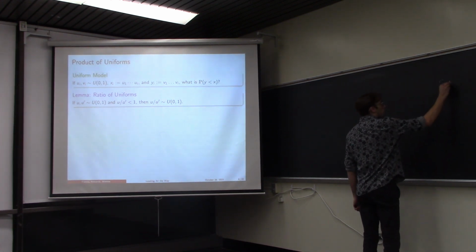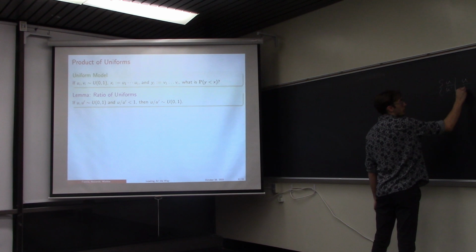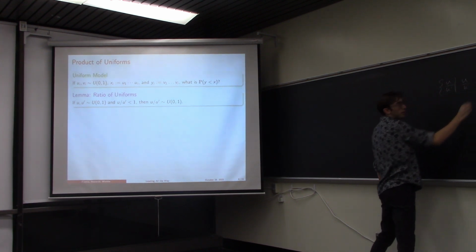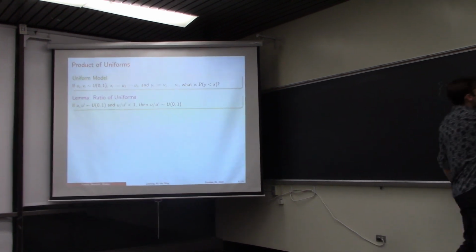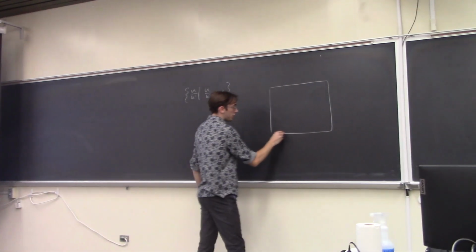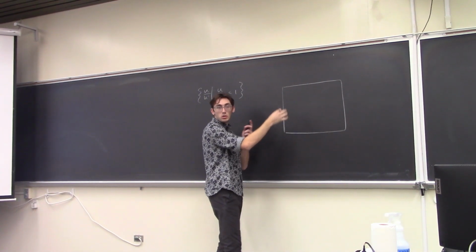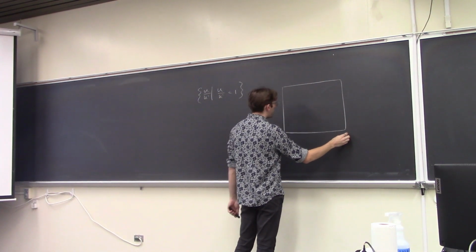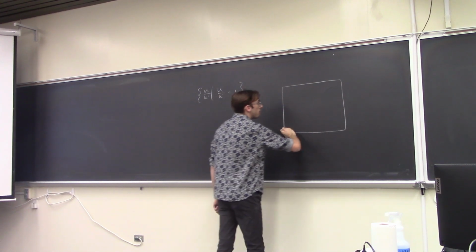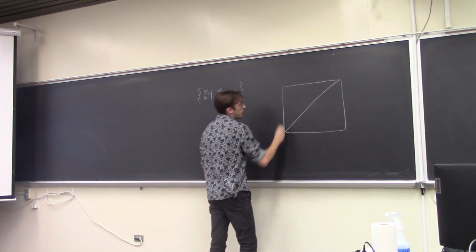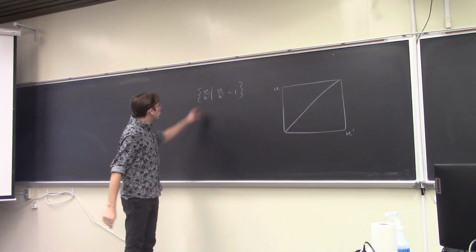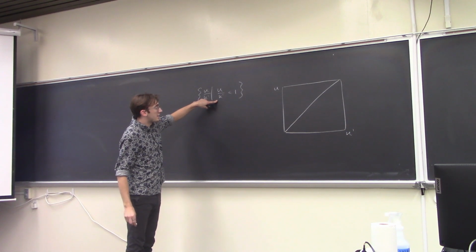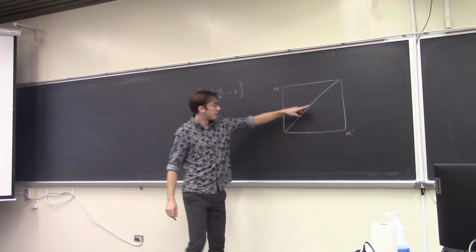The probability of u over u prime given that u over u prime is less than 1. Yeah. And there's a cute little argument of why this is true. If you have a square, this is your state space for all your u's and u primes. Here we'll have u and here we'll have u prime. So if u over u prime is less than 1, then you are here.